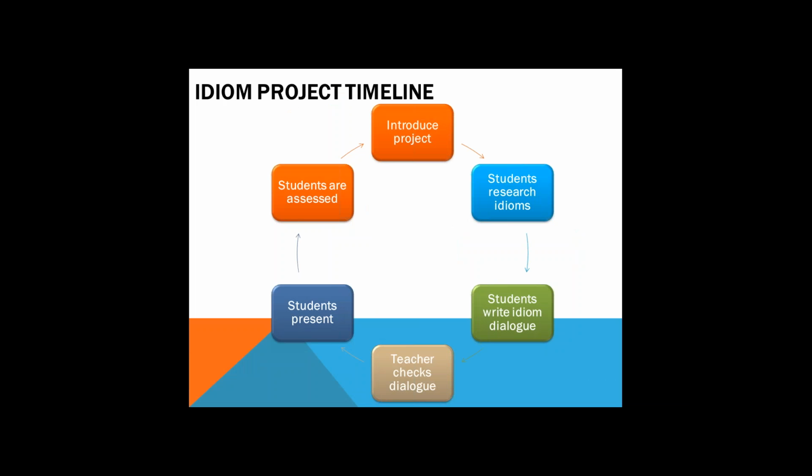You can either have the students pick an idiom of their choice or you can provide them with the idiom. But once they've chosen the idiom or been provided with one, they need to research the definition. Once they have researched the definition, the students are going to write a dialogue in order to put that idiom into context. As we said before, we want the vocabulary to be contextualized.